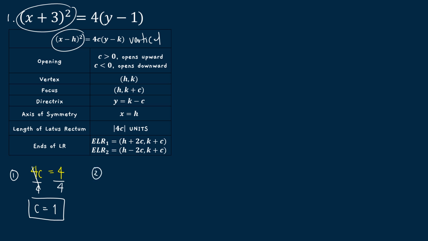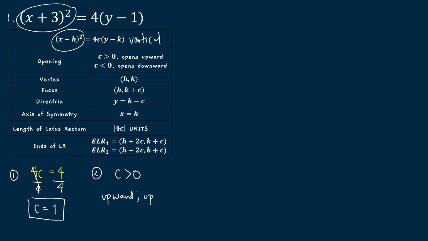C is equal to 1 and it is greater than 0, so therefore the parabola opens upward, or up. We don't say to the up or to the upward; that only applies for to the left or to the right.